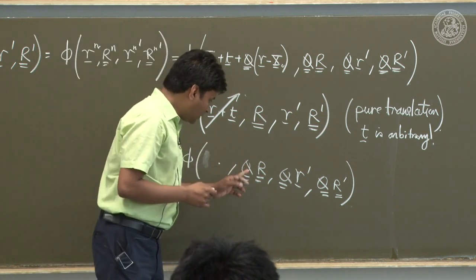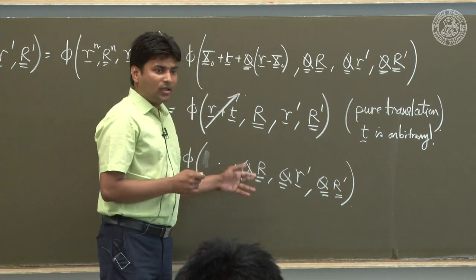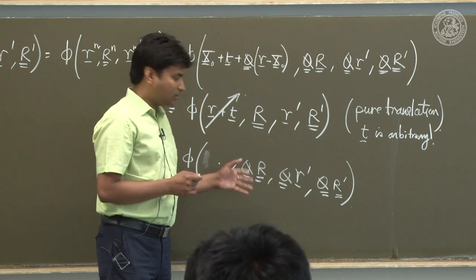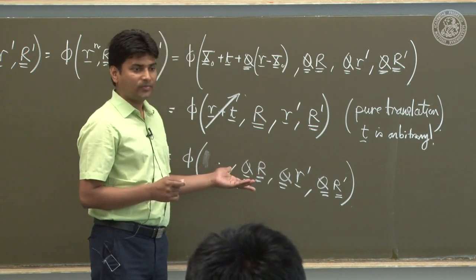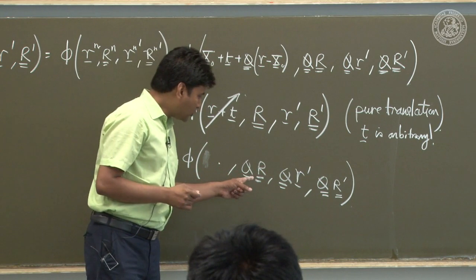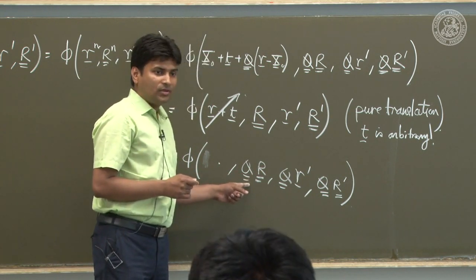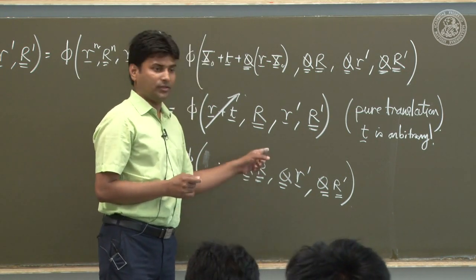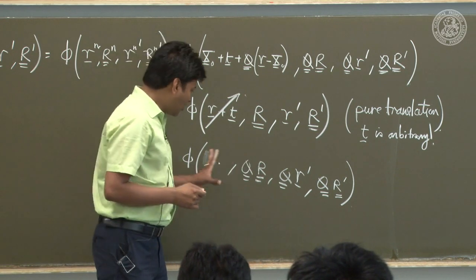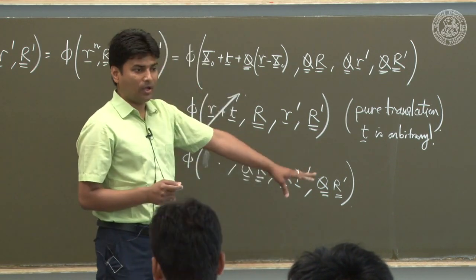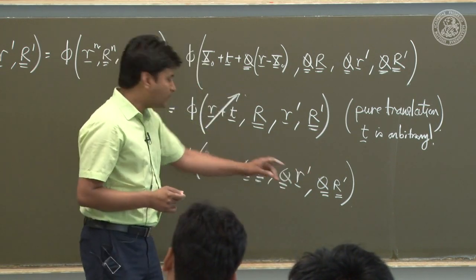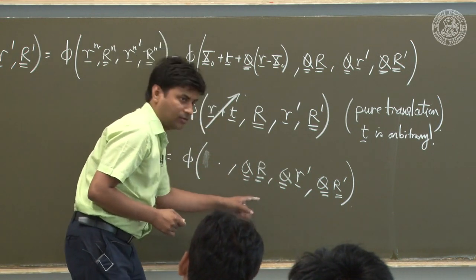You can take any q and the energy has to be the same. You take q equal to R transpose, this becomes identity. So, phi for any q and big R would be same as phi for identity here.